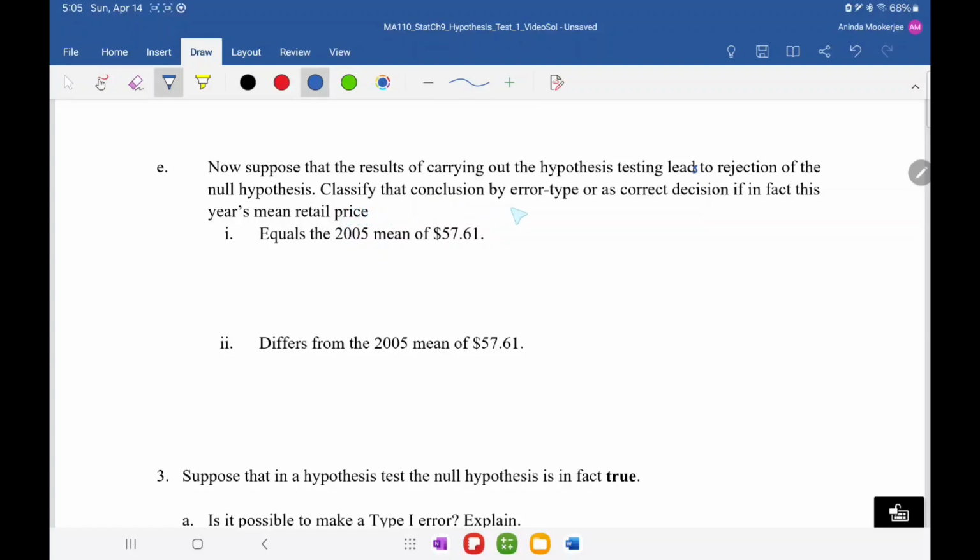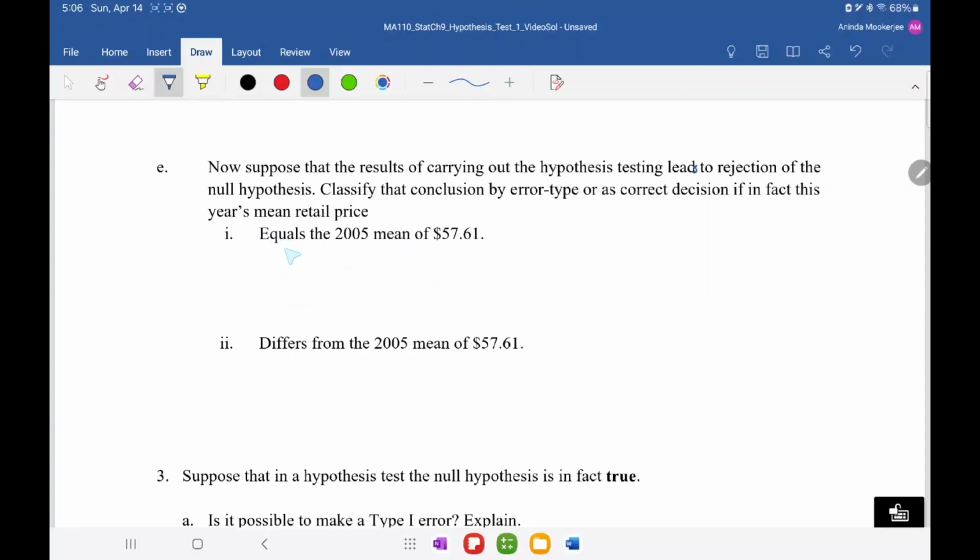Classify that conclusion by error type or as correct decision if in fact this year's mean retail price, the first situation says, equals the 2005 mean of $57.61.